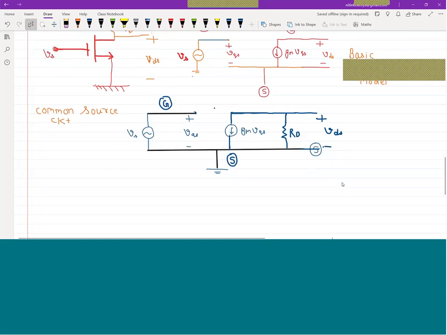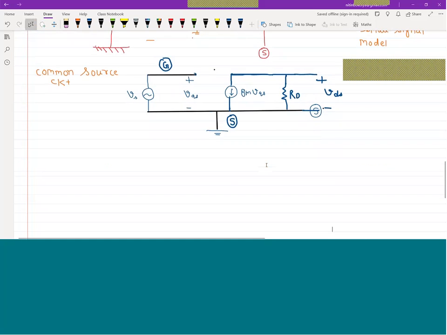Now let's find the voltage gain of this amplifier.